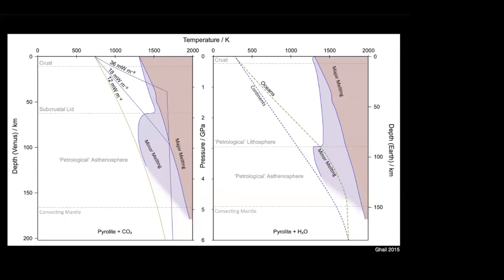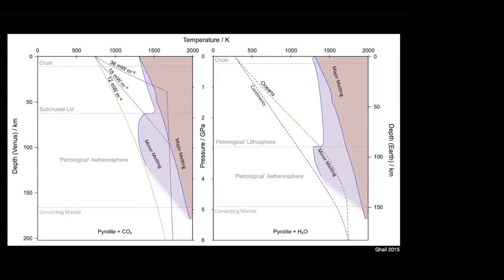Also, the rheology of the lithosphere, which is important for determining how tectonics manifests, is also not very well quantified. Here's an example of a pyrolite and water composition, or sorry, temperature geotherm for the Earth, for the continents, and for the oceans.